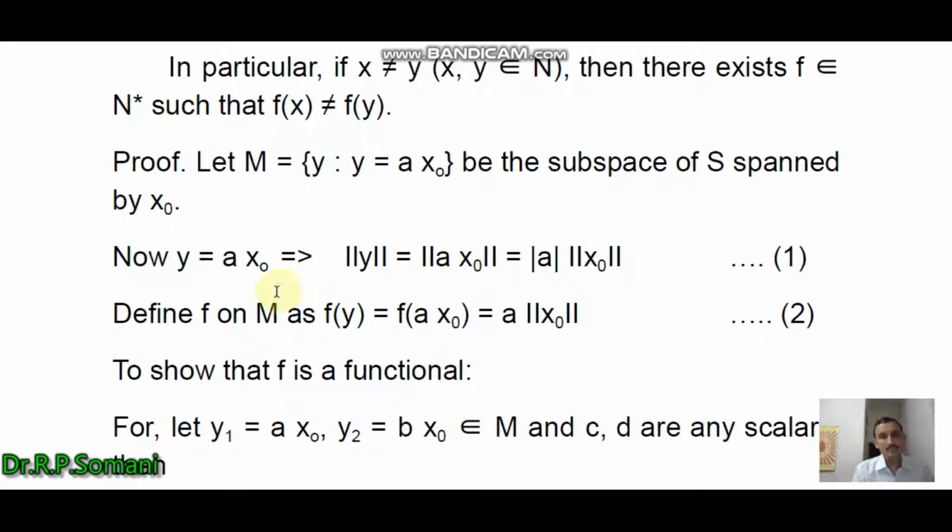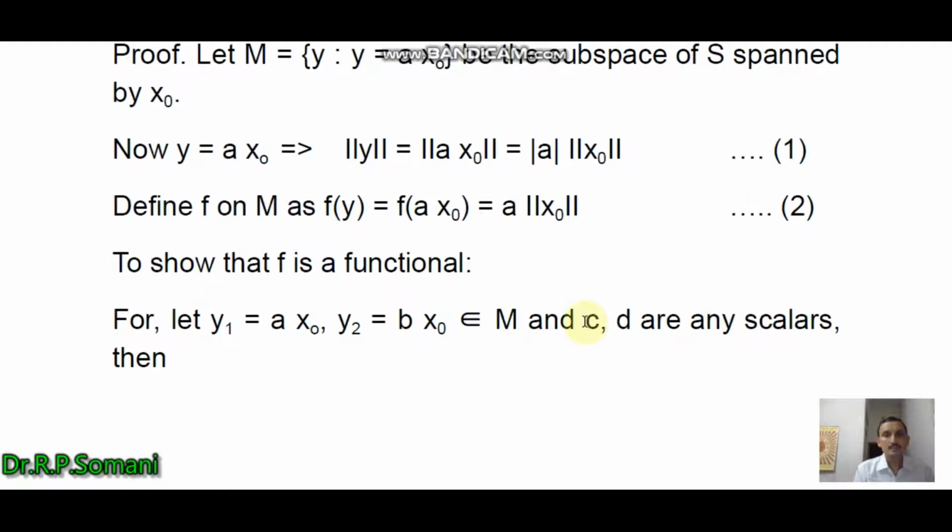And now we define the functional f on M as f(y) equal to f(a x0) equal to a into norm x0. Now we will show that this is a linear functional.